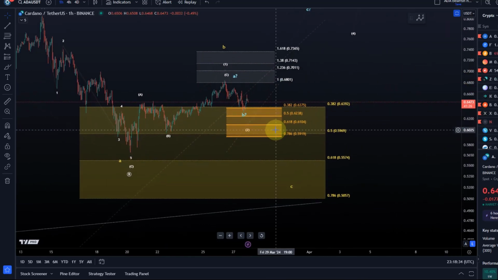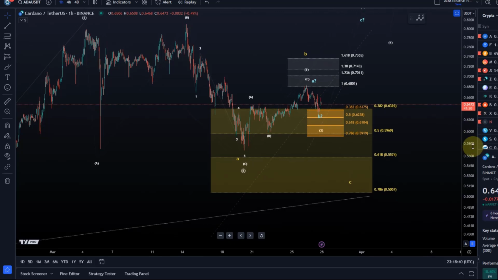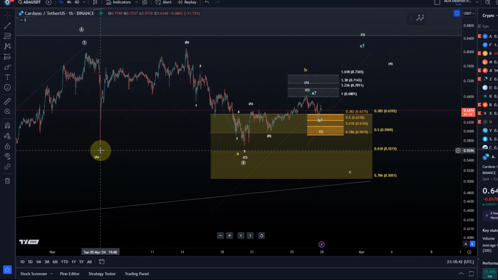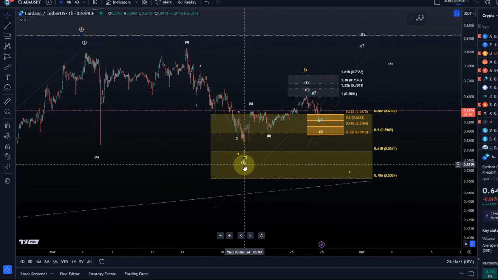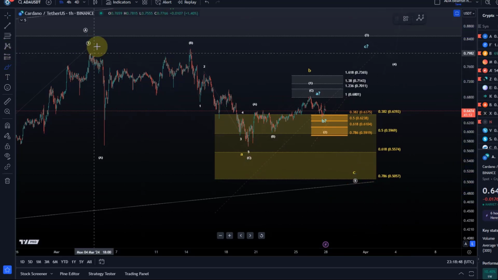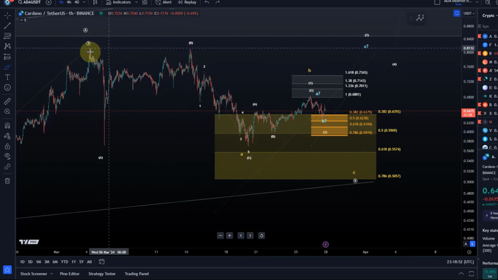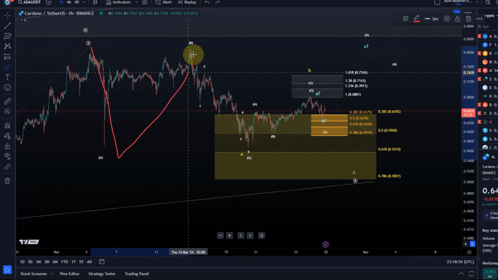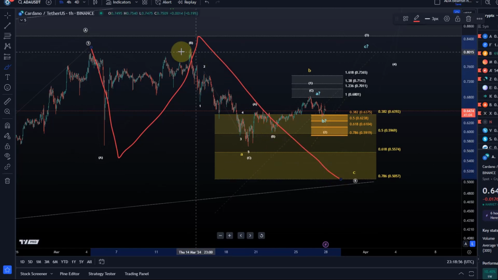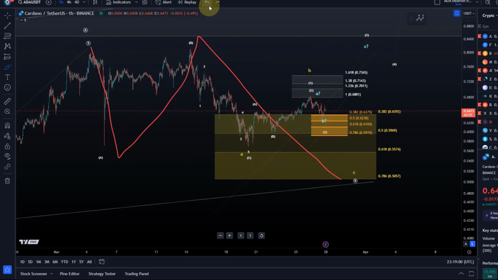A break below 59 cents would mean that we're probably in the yellow count, which allows for a much larger ABC structure, actually maybe then WXY in wave B. So that would be the alternative. I haven't labeled the whole thing, but it would be not only an ABC then, but actually WXY, and the Y wave is an ABC. Quite a complex correction.